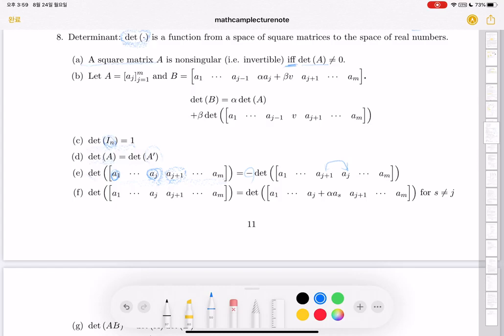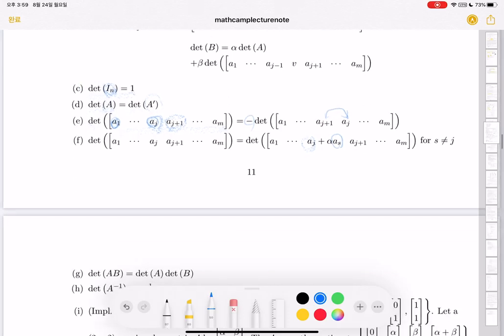Here, if you combine two column vectors and generate a new matrix, the determinant doesn't change. So it is linear transformation invariant, linear combination invariant.